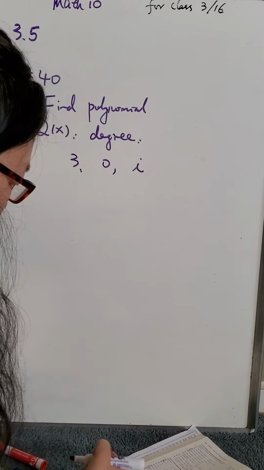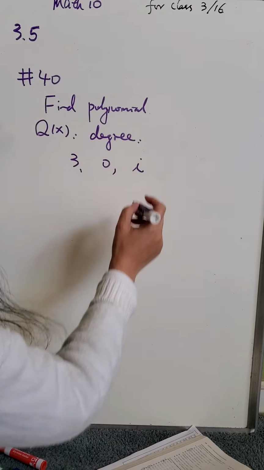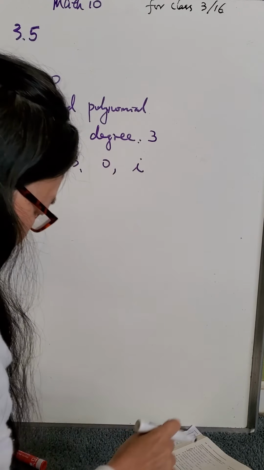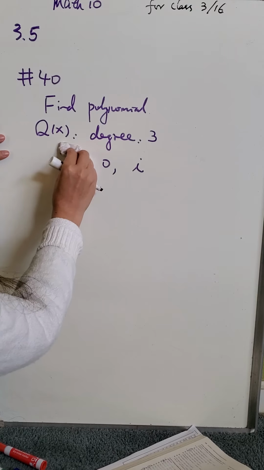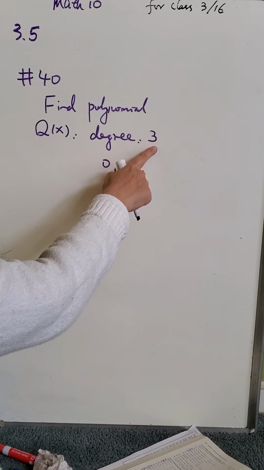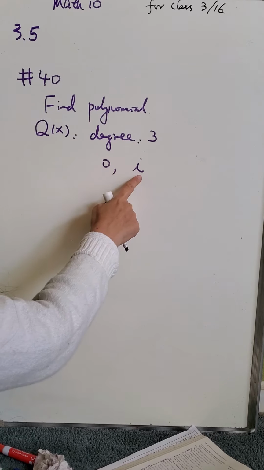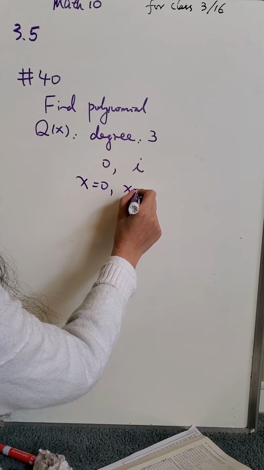They said this is a degree 3. I'm sorry, I forgot to write down degree 3 and 0, i. So 3 is the exponent on the top. That's my mistake. Apologize for that. They said degree 3 polynomial, but they give us 2 solutions. Okay, this is x equals 0 and x equals i.